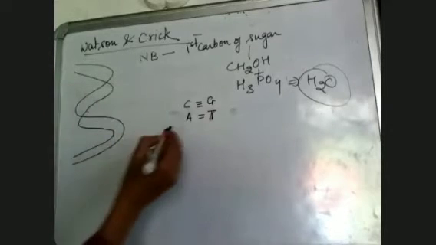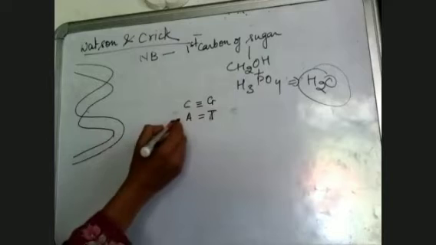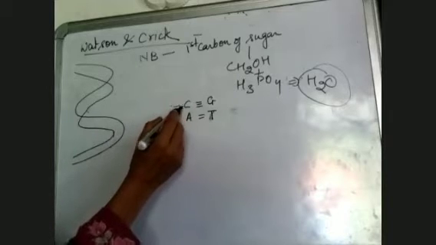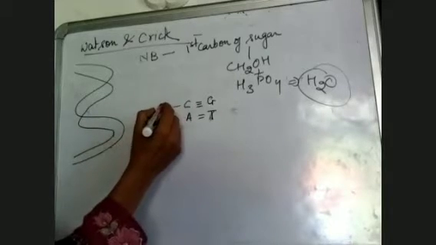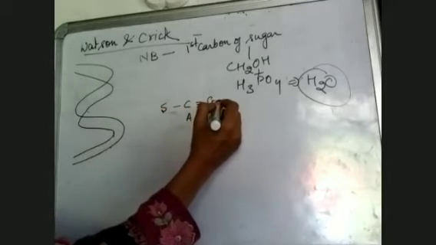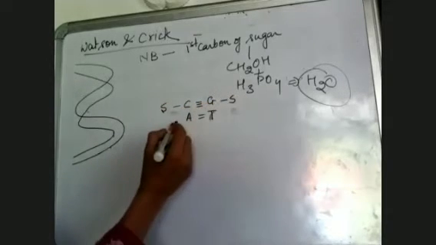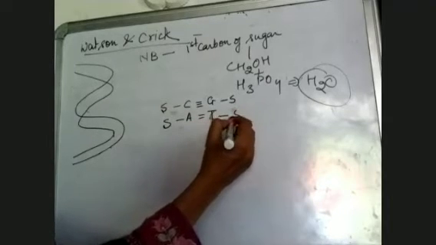And the backbone is that this is connected with the first carbon of sugar. So we have deoxyribose sugar connected here, and here also, and to this also.